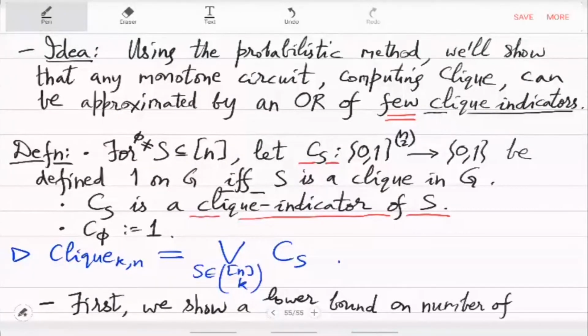On the number of S needed to compute clique. So in fact, we will use a simpler input than a general graph.